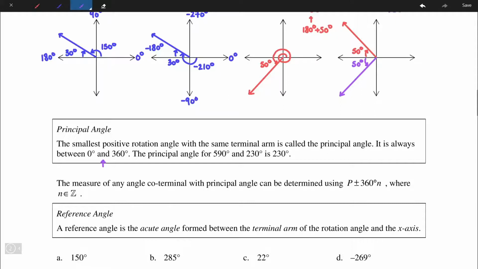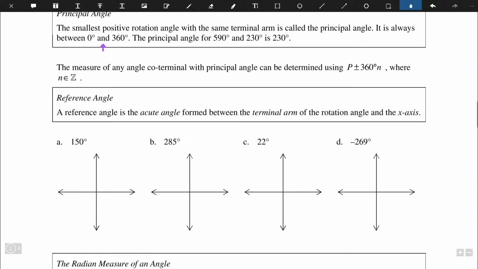Okay, so next we have what's called a reference angle. A reference angle is an acute angle that's formed between the terminal arm and the x-axis. This could be the positive or negative x-axis, and we have looked at some reference angles already.